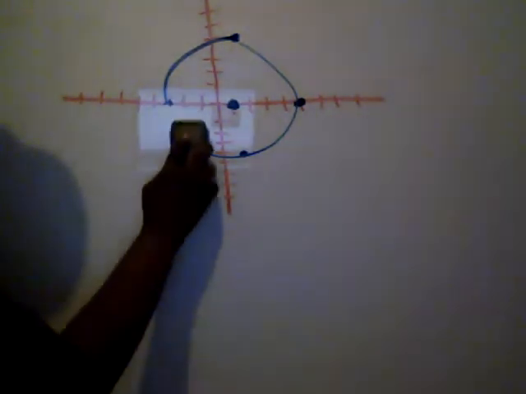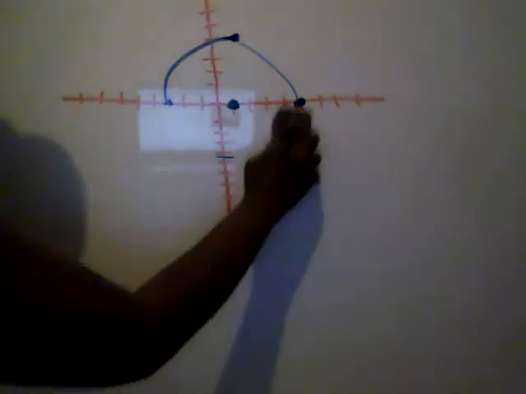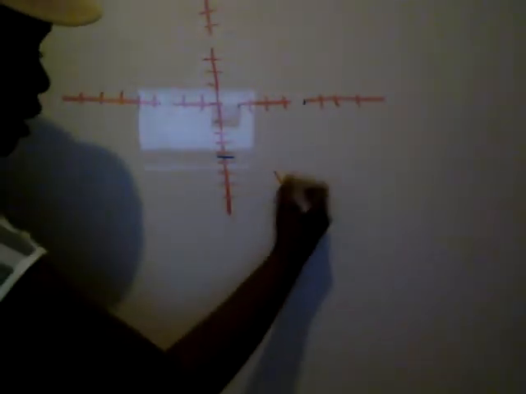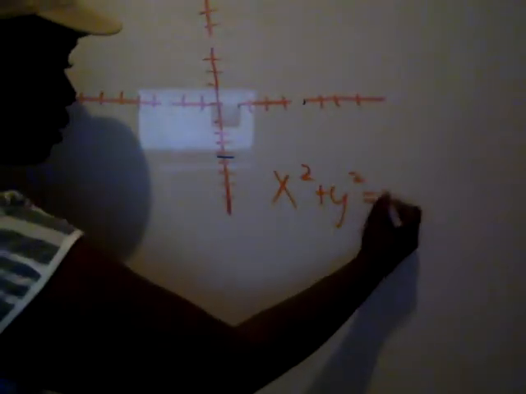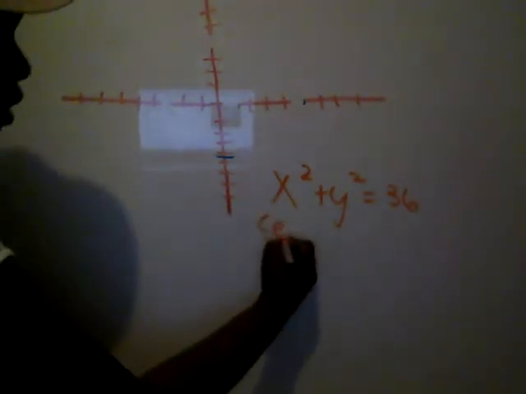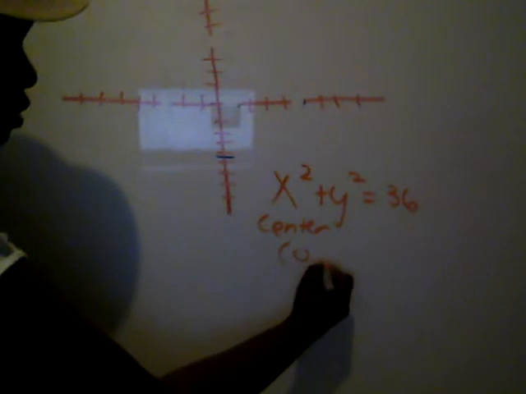So if I erase this circle. For number 3, we have the equation x squared plus y squared equals 36. Notice we have no sets of parentheses. That just means our center is right at the origin, (0, 0).